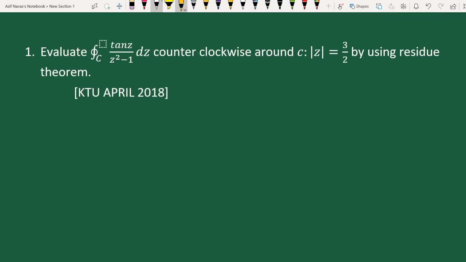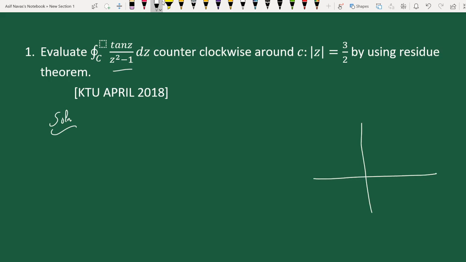So let us do the first problem solution: evaluate the integral over C of tan z divided by z square minus 1 dz, counterclockwise around C, mod z equal to 3 by 2, by using residue theorem. For the solution, first we will draw the curve.